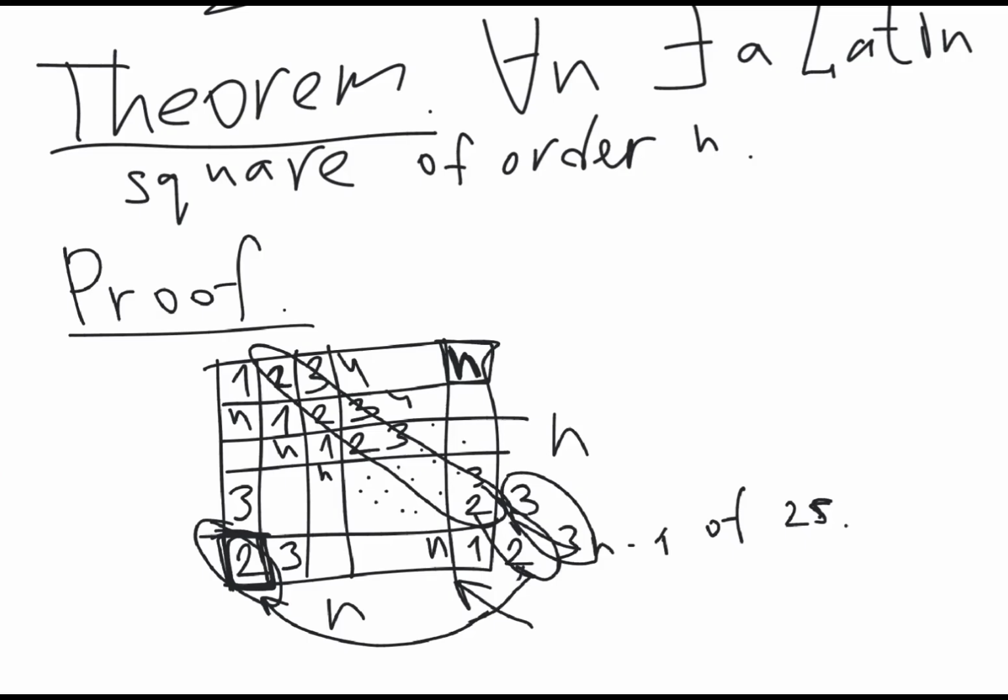We observe now that by construction, any row intersects exactly one cell of each diagonal.